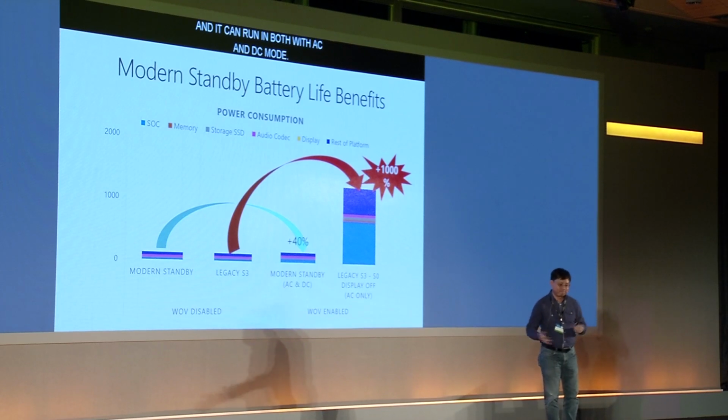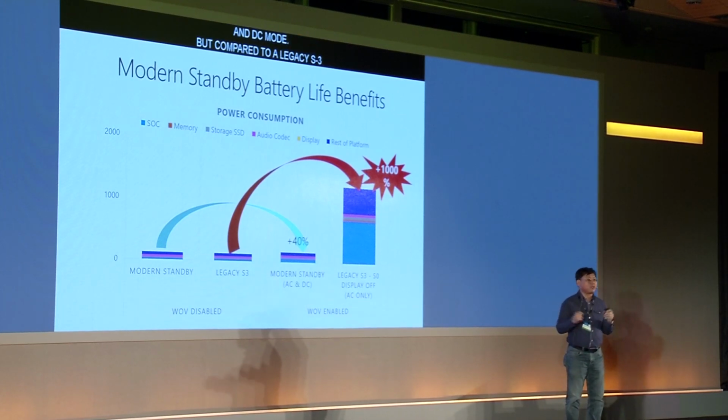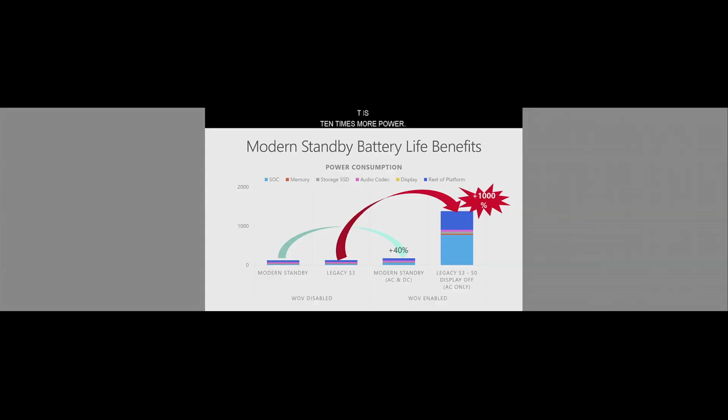But compared to a legacy S3 system, it is 10 times more power. So this is an obvious choice why you need to design with modern standby if you want to support features like wake on voice.